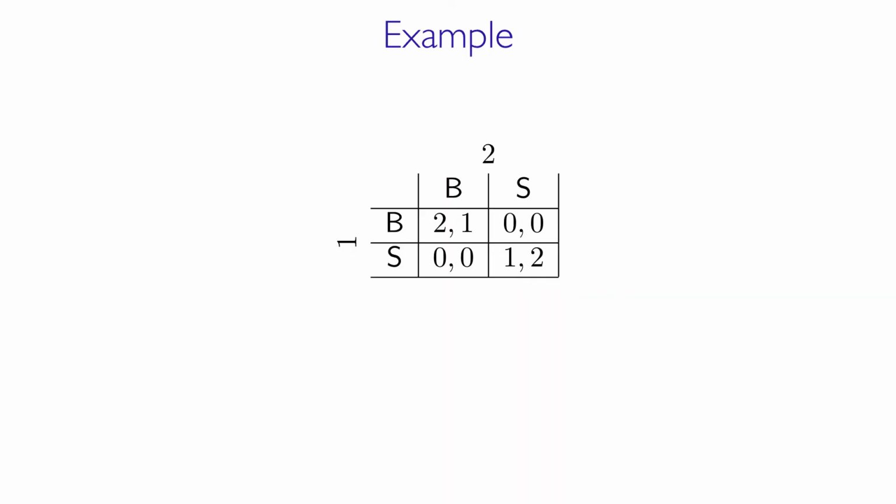A simple example. Consider the Bach or Stravinsky game. The strategy profile BB is a Nash equilibrium. We can easily verify that this is true.